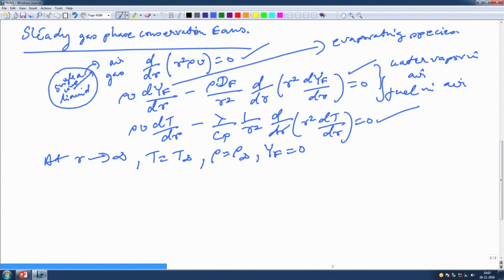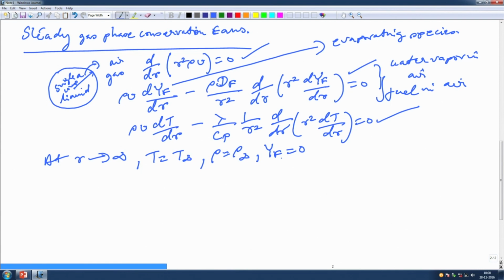In case of fuel in air, there is no fuel present in air normally, so YF will have the value of 0. Even in the case of water vapor, the amount present in air is very small, so we can almost consider it to be 0 in the far field. That is almost like relative humidity equal to 0 there. Normally that will be the case.